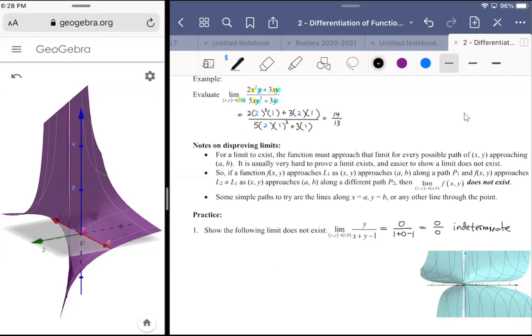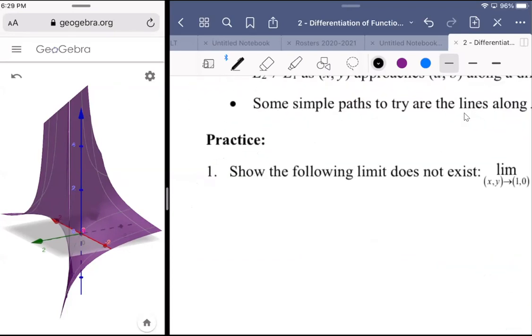if every single one of those approach vectors lead to the same point, then your limit exists. If any one of them fails to go to that location, the appropriate location, then the limit does not exist. Right? So that's what we're going to do here. I'm going to decide on an approach vector.